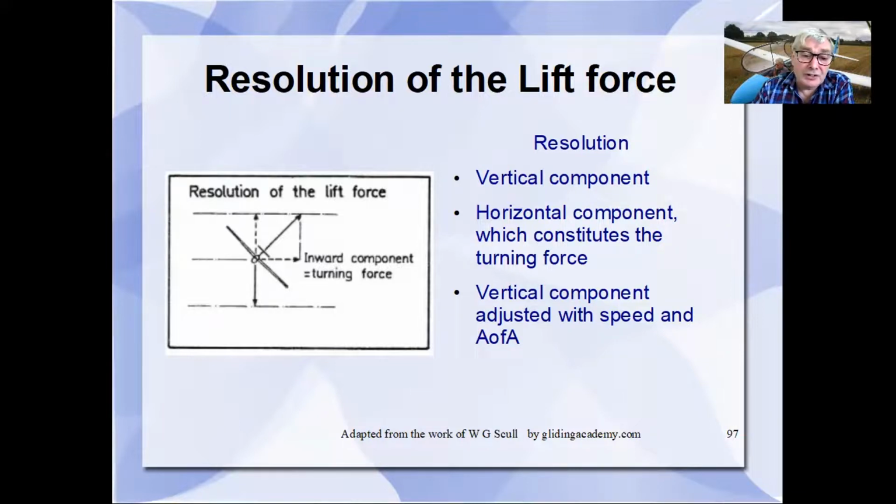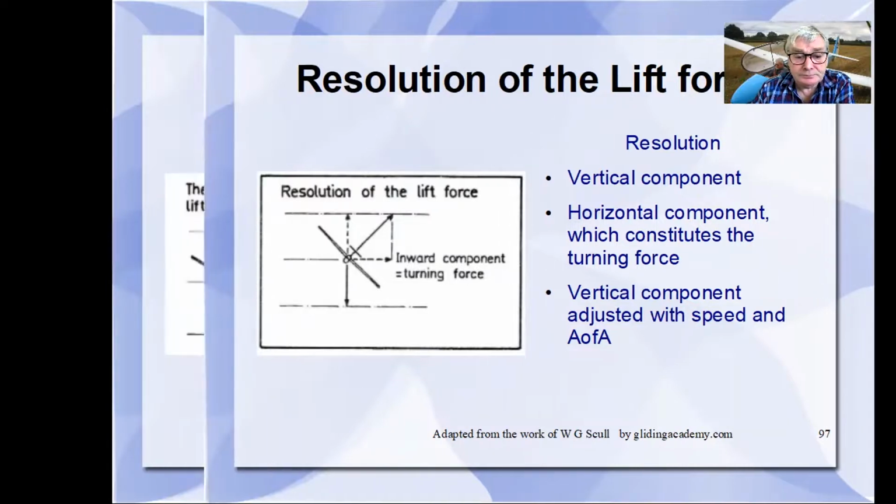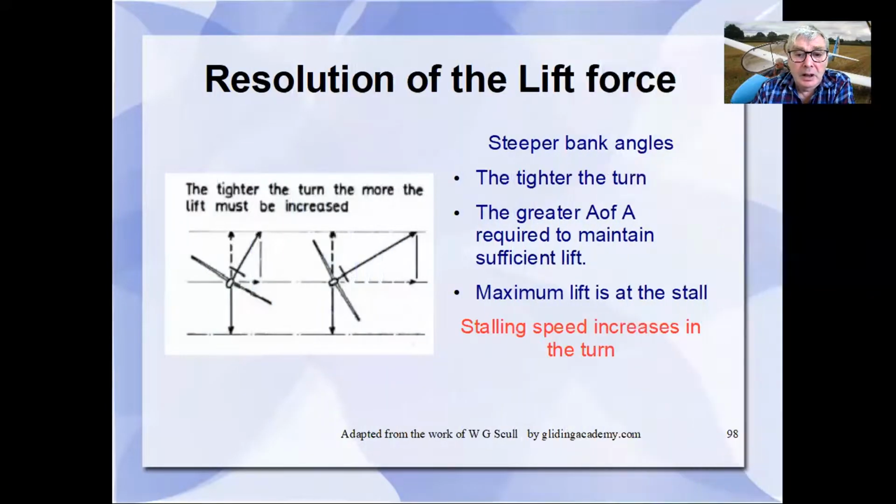We can adjust the amount of lift generated then to get the vertical component back to where it needs to be by either adjusting the speed or the angle of attack. The steeper the bank angle, or the tighter the turn, the greater the angle of attack required to compensate for the loss in the vertical component of lift.